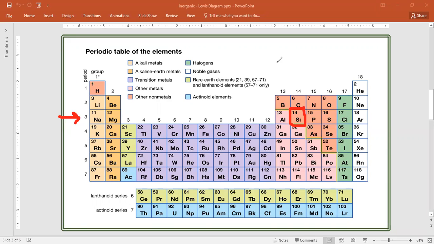And fluorine, this is our fluorine in the periodic table, its outer shell is the second shell, and in the outer shell it has 7 electrons. So each fluorine has 7 valence electrons, and silicon has 4 valence electrons.